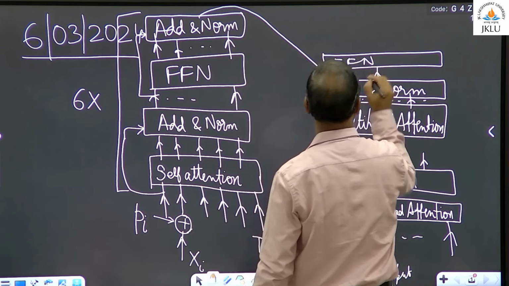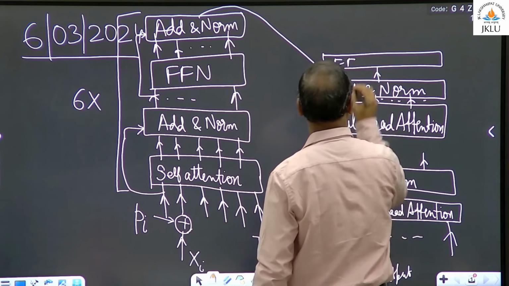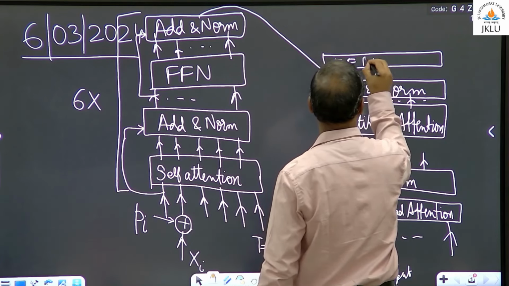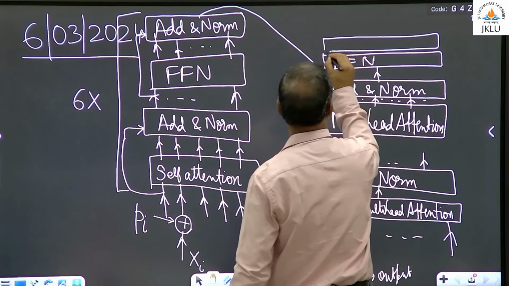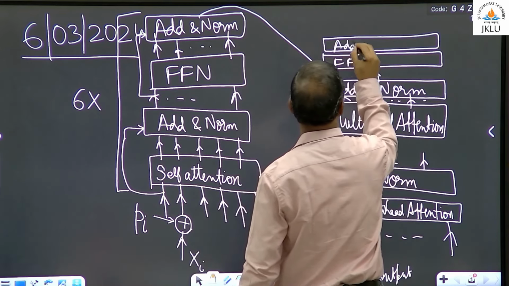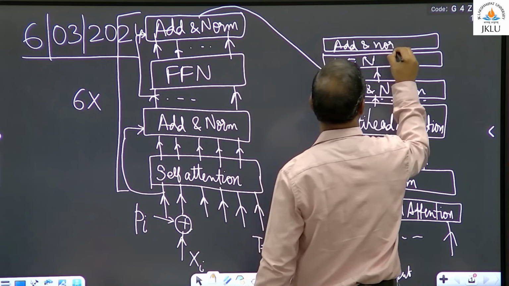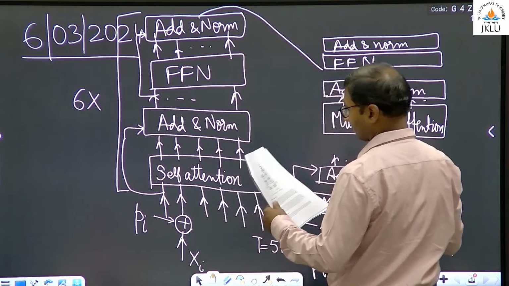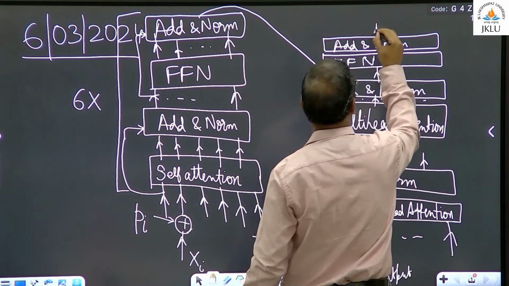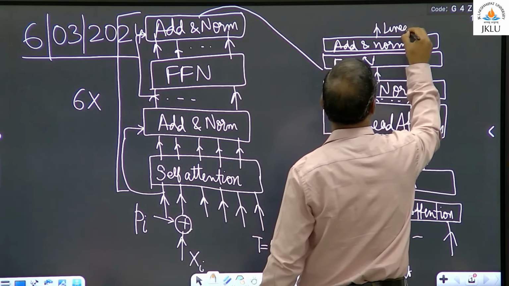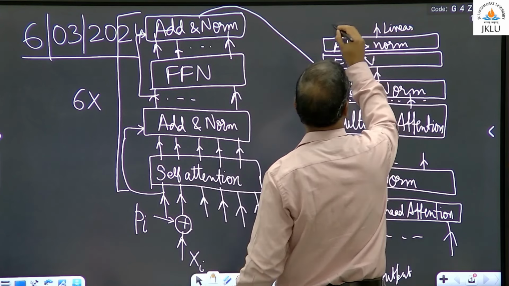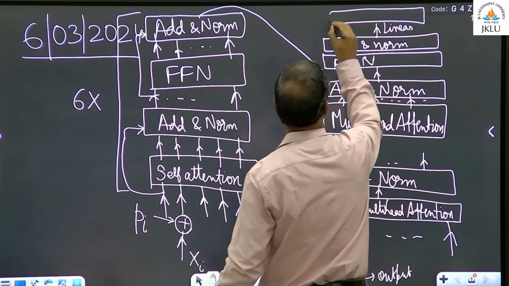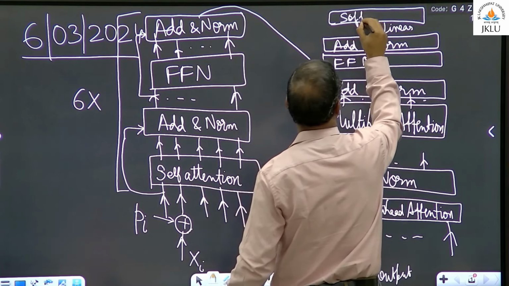Feed forward network, then again add and norm, then linear, and then finally softmax.